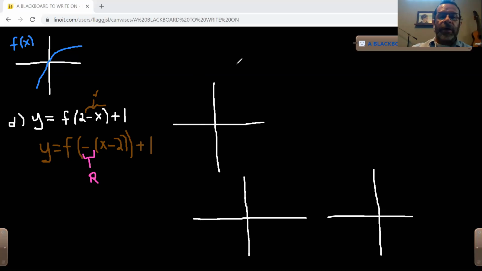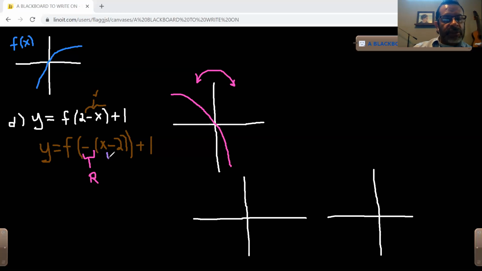So now the function, instead of being on this side, is going to be now on this side. Oops. It's going to be reflected, and the reflection is going to be with regards to the y-axis because we've got a negative here.